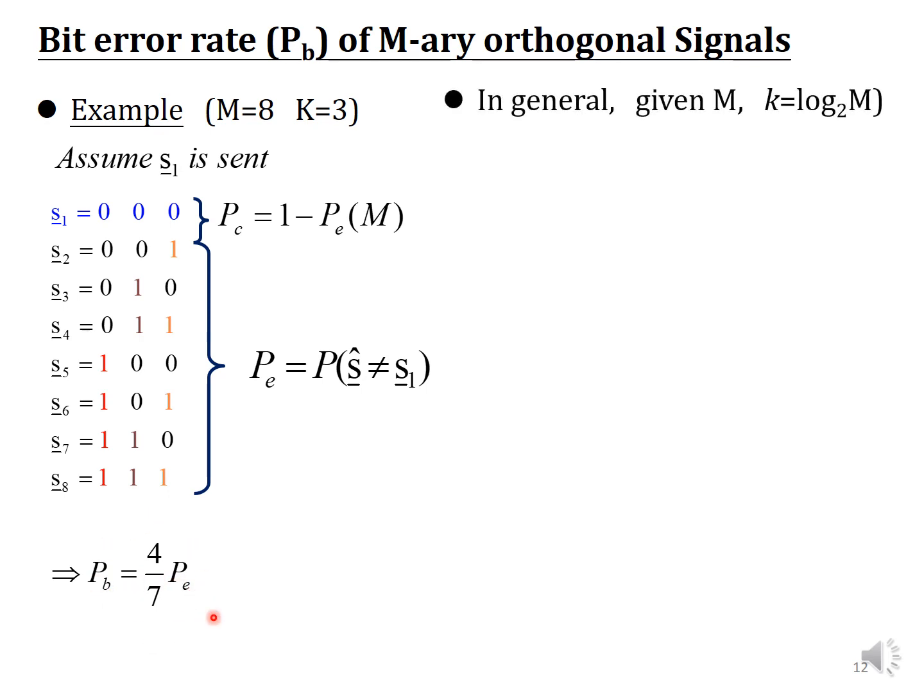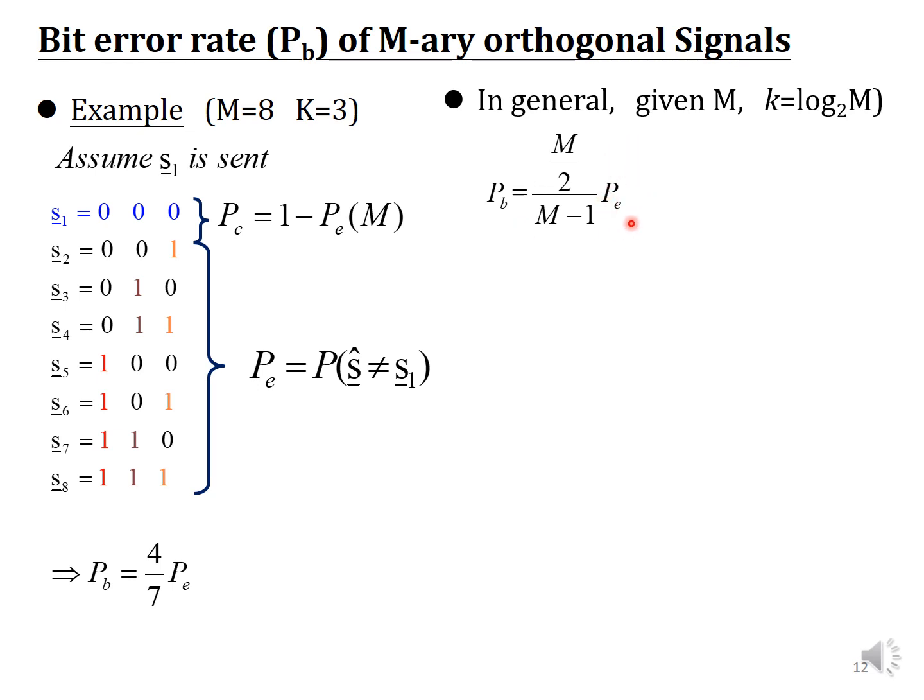In general, given M and k equals log2 M, the relation of the bit error rate PB and the symbol error rate PE would be half of M over M minus 1. Only half of M would be error cases over these M minus 1 cases. So we have this relation of the bit error rate and the symbol error rate.